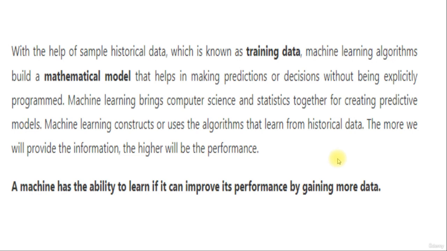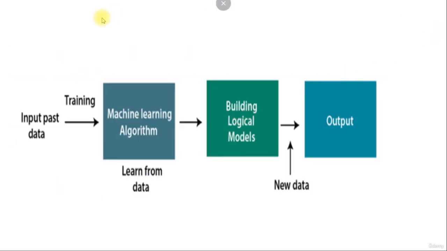The more information we provide, the better the performance will be. A machine has the ability to learn if it can improve its performance by gaining more data. So we train the machine learning model on some sample training data, that is the historical data that we have. Once the model is trained, we can use new data sets on the same model to predict the output. So this is the life cycle.